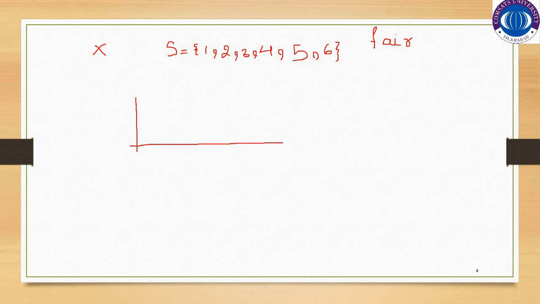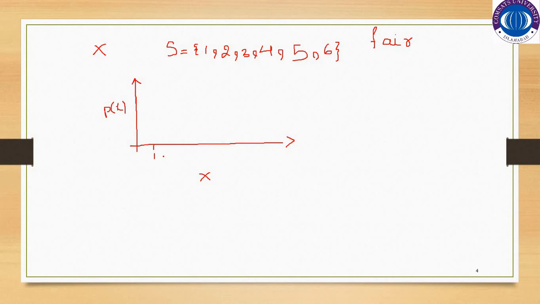Let's suppose this is the y-axis and we have the probability of occurrence of the particular outcome on the y-axis, and this is x, the possible values of the random variable, which is associated with the outcomes of rolling a die. Whenever we roll a die, we can have the possible outcome 1.